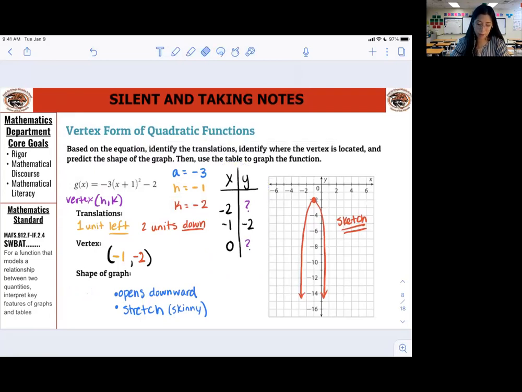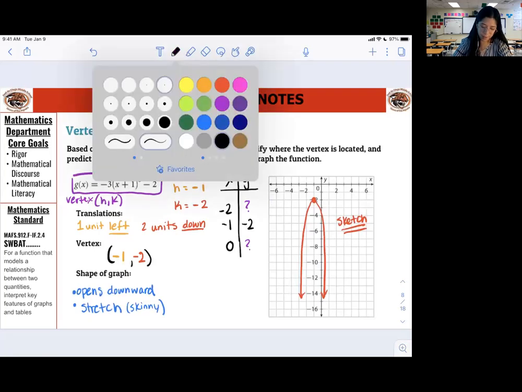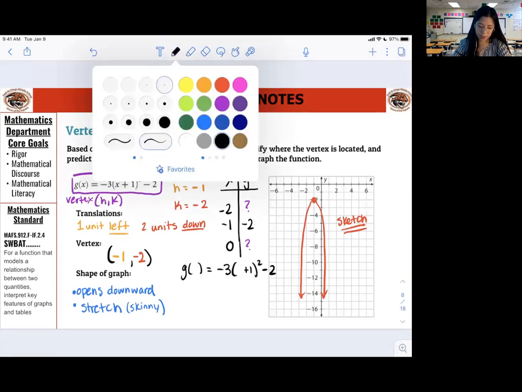So we're plugging in. The most important thing when you're plugging things in is just to make sure that you're following the order of operations. So we're doing things very carefully. I have my nice, beautiful equation. I'm going to go ahead and copy it down. And I'm plugging in my -2.